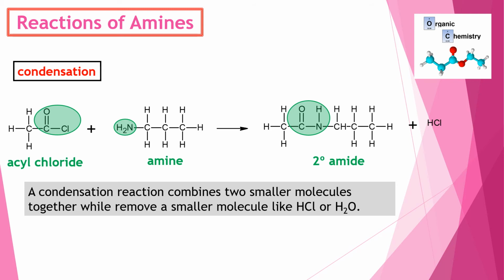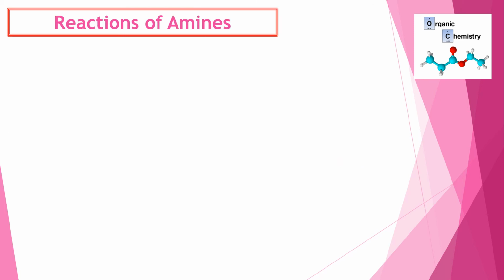Always though, when we react amines with acyl chlorides, we produce hydrochloric acid and we produce something called a secondary amide. It's a secondary amide because the nitrogen on the right hand side is attached to two carbons. That makes it secondary, and we name this in a specifically unique way, but you don't need to remember the naming for this course.